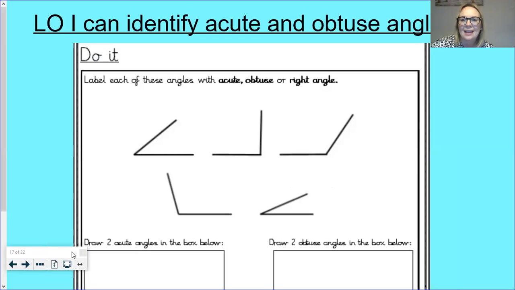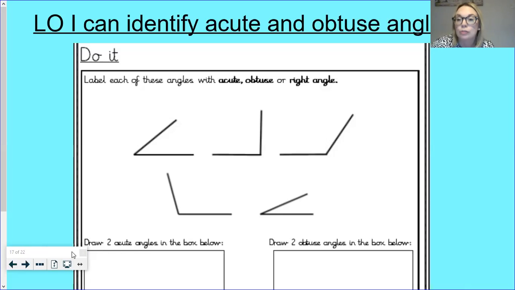Here is your work for today. If you can print things off at home, you can print off this sheet and do it on there. If you can't, you can either just talk yourself through it, or you could draw the angles onto a piece of paper and label them that way. There's always a way around that. So your do it is to label each of the angles that you can see on the screen now as being acute, obtuse, or a right angle.